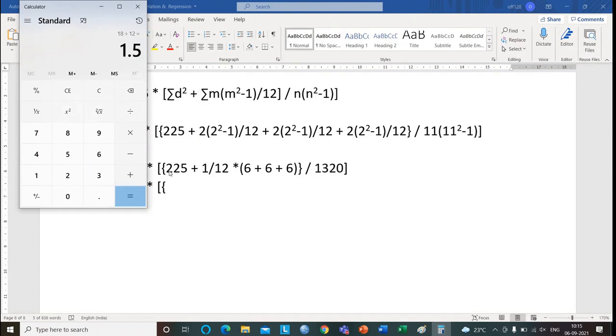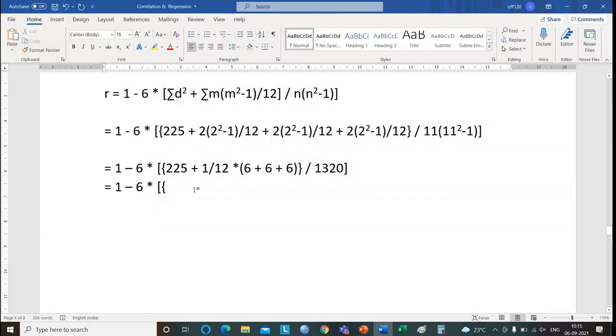Add this 1.5 to 225, and our answer is 226.5. 226.5 divided by 1320. So our expression has been simplified.